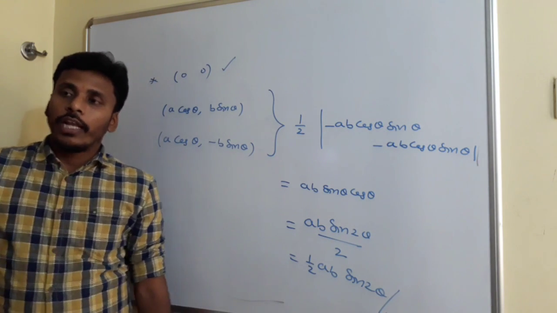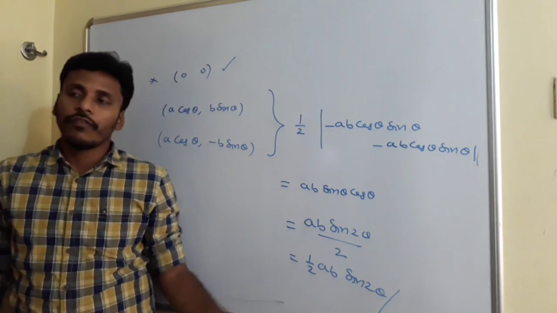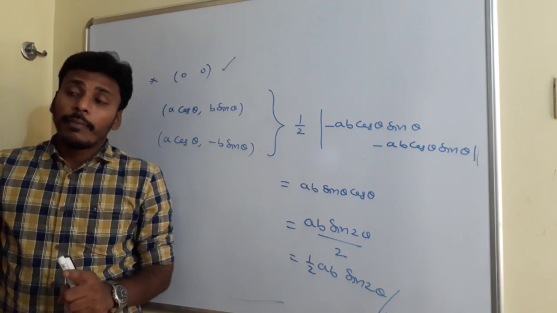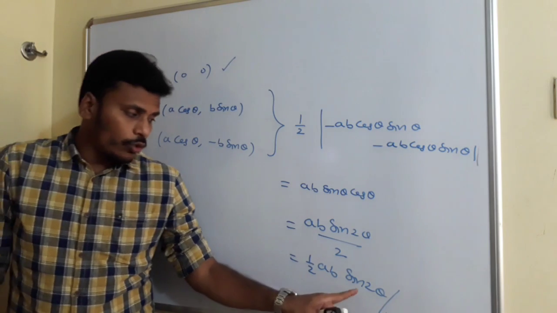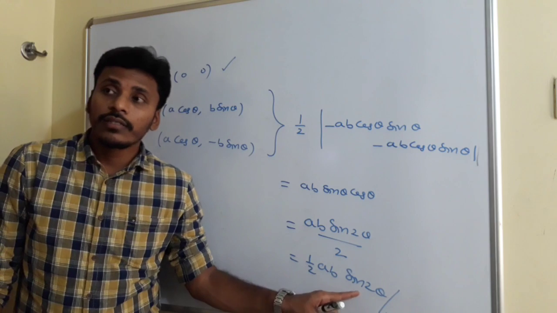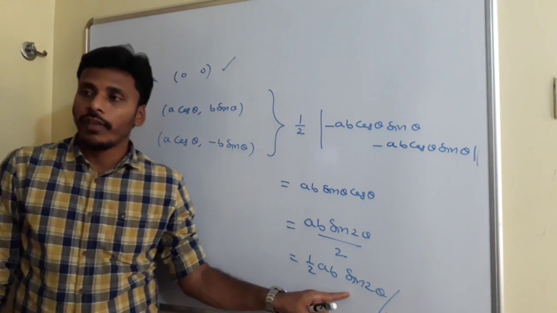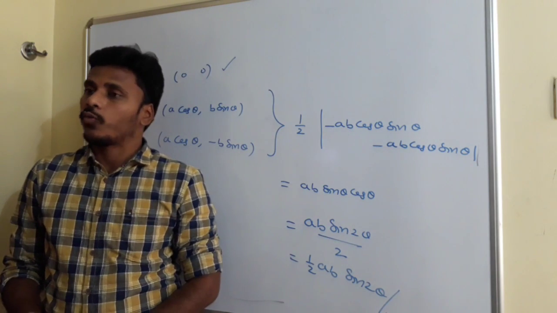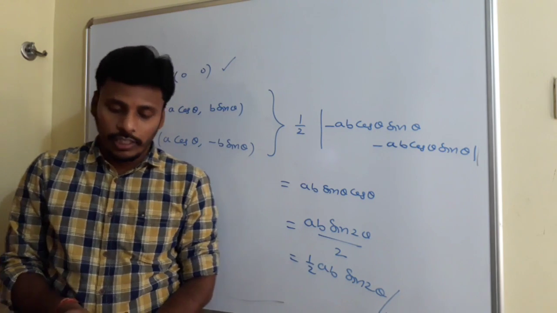So the area of the triangle formed by these 3 vertices is half AB sin 2 theta. If you need the maximum area, you need to think about the maximum value of sin 2 theta, which is always 1. Since the maximum value of sin 2 theta is 1, the area is half AB. So the maximum area of the triangle is half AB. It occurs when sin 2 theta is 1.